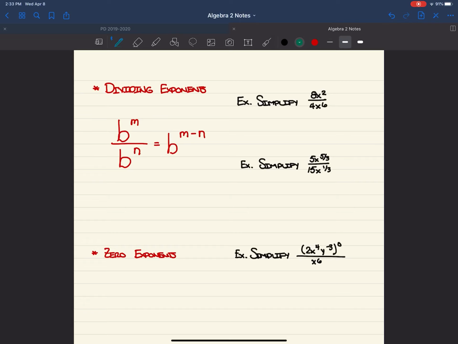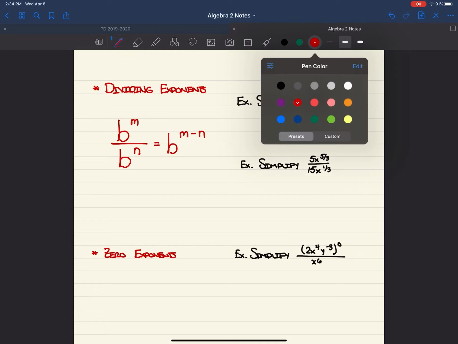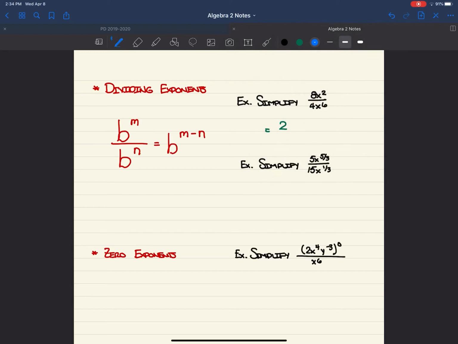If I start with my first example, it says simplify 8x squared divided by 4x to the 6th. If I start with my coefficients, my numbers, 8 divided by 4, that's going to give me 2. Then I take my x's: I have an x squared divided by an x to the 6th.